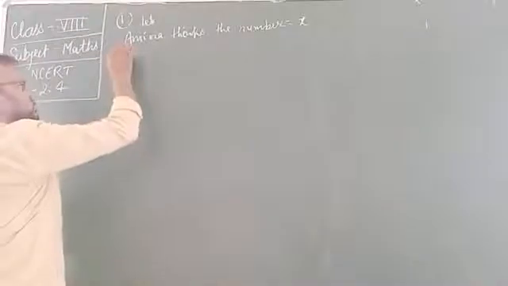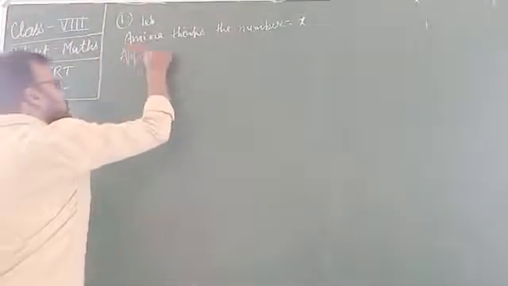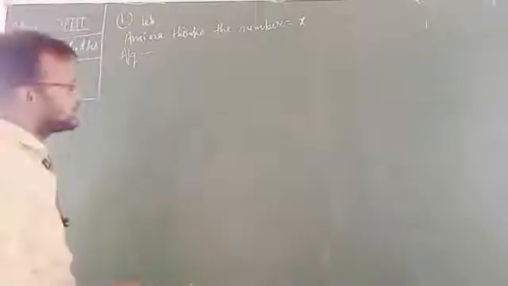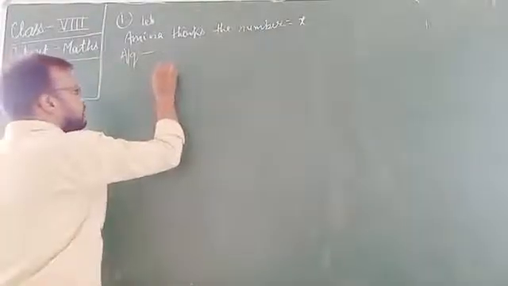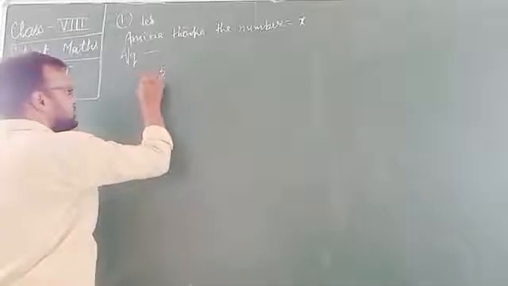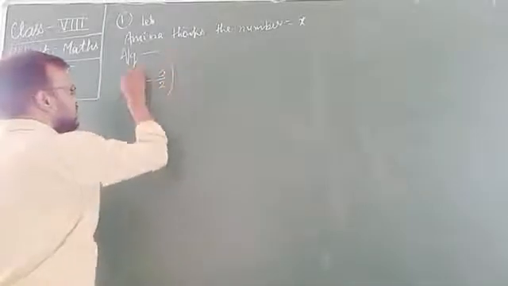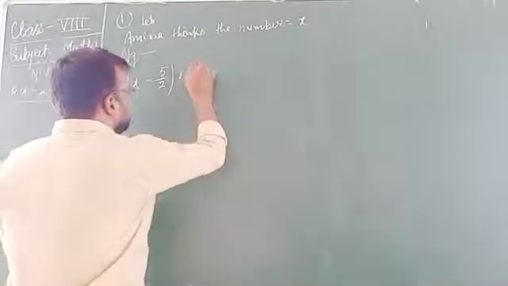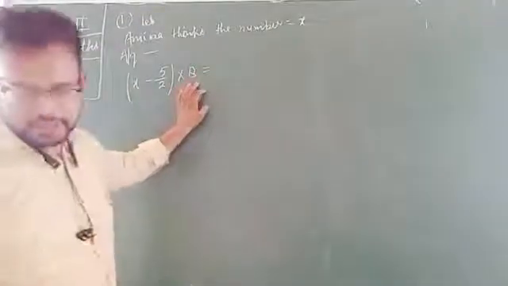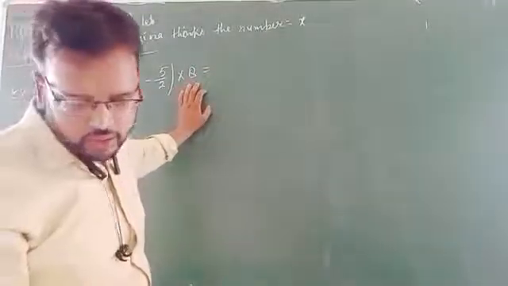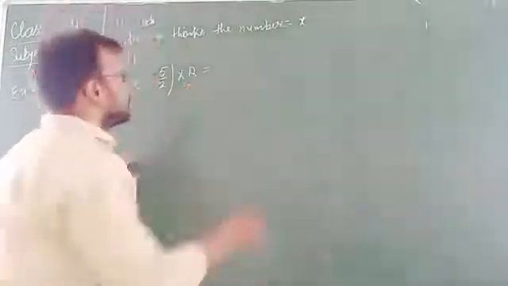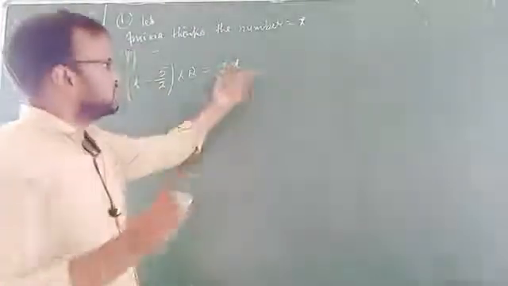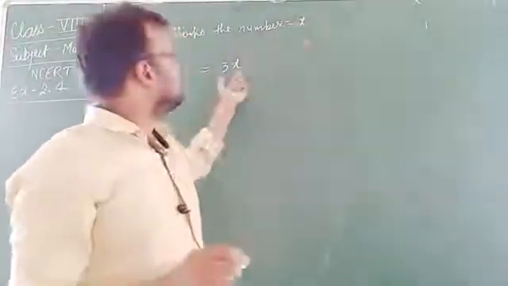Now according to the question, if 5 upon 2 is subtracted from x, and whatever the answer is is multiplied by 8, it is equal to 3 times the number she thought of. It means the answer is 3 times the number.